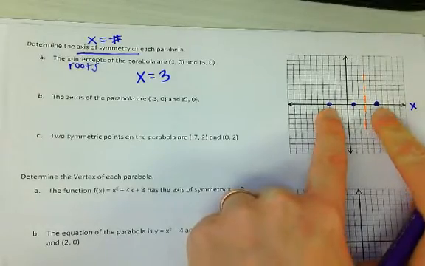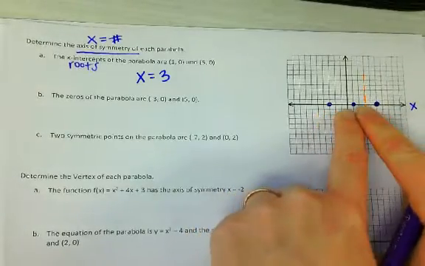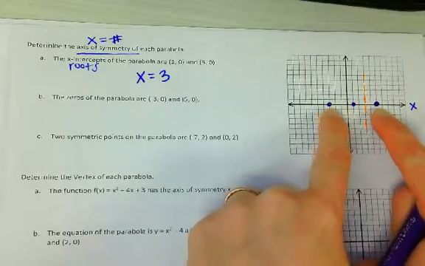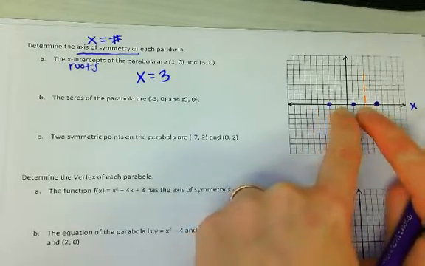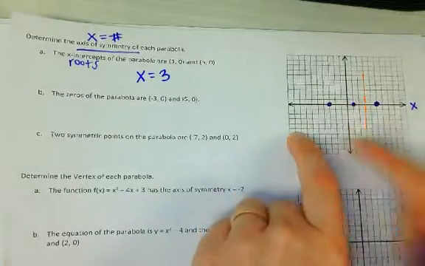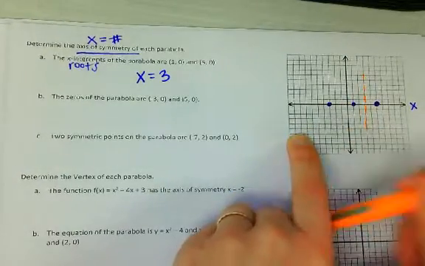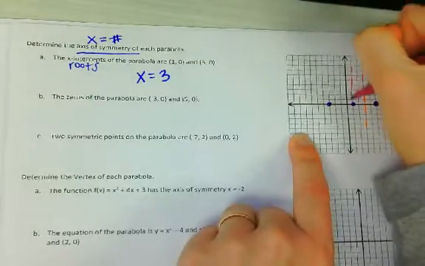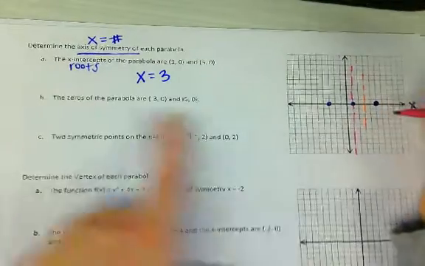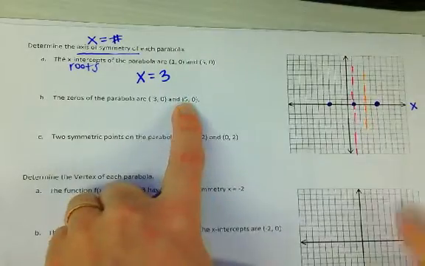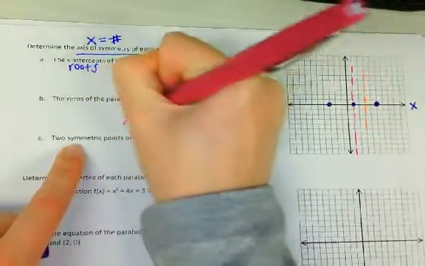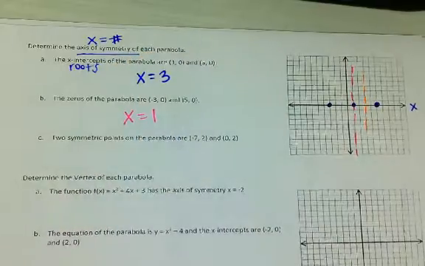Now I'm looking at these two, and I'm trying to find the exact middle. If I start counting to where I meet in the middle, 1, 2, 3, it looks like this point that was there before is now going to be directly between negative 3 and positive 5. So that x value is 1.